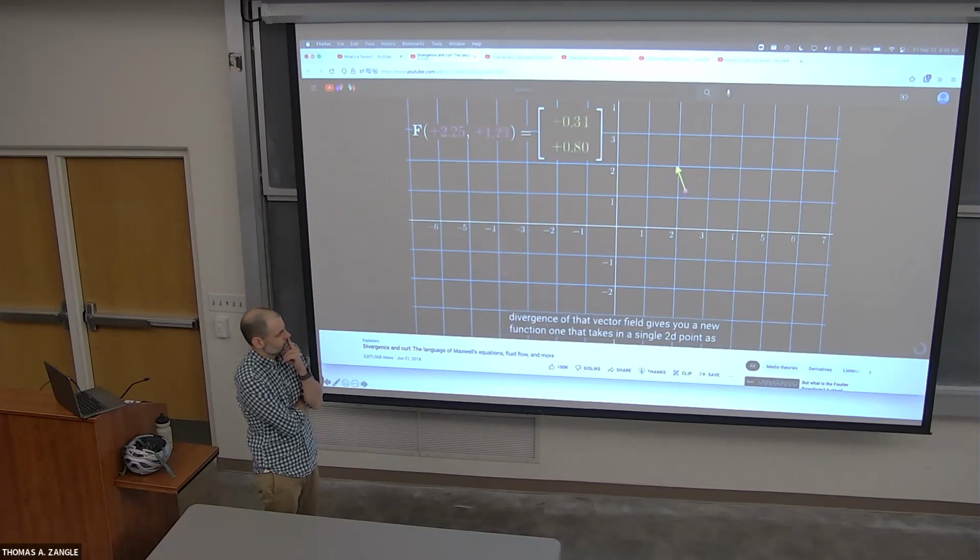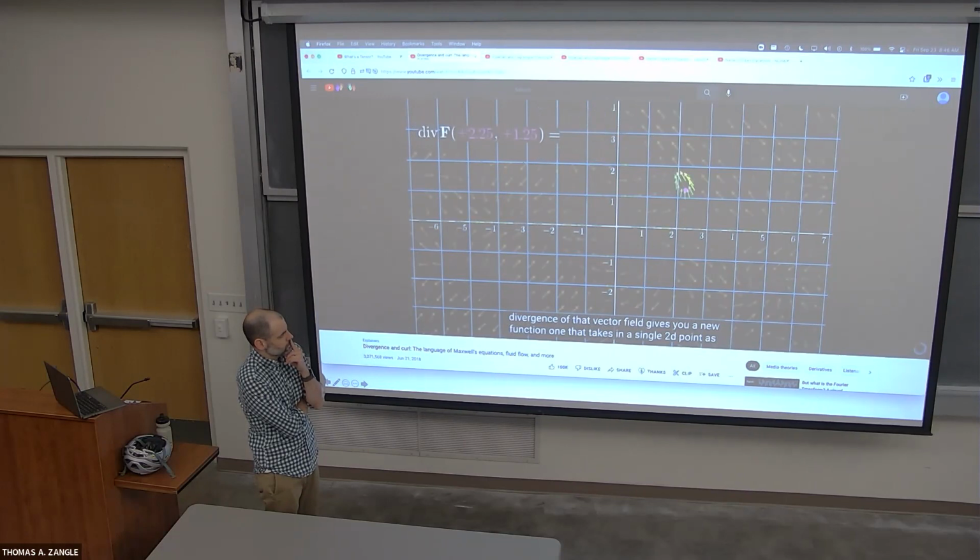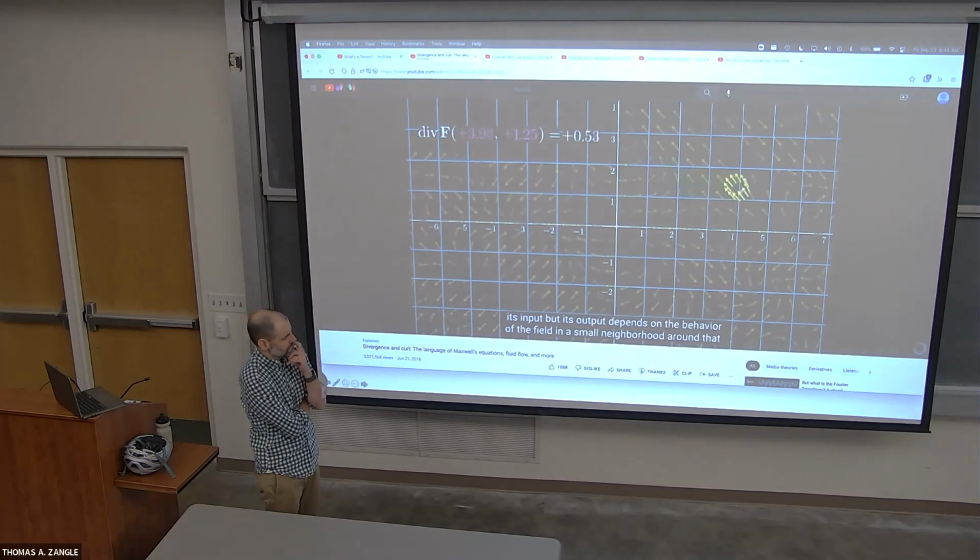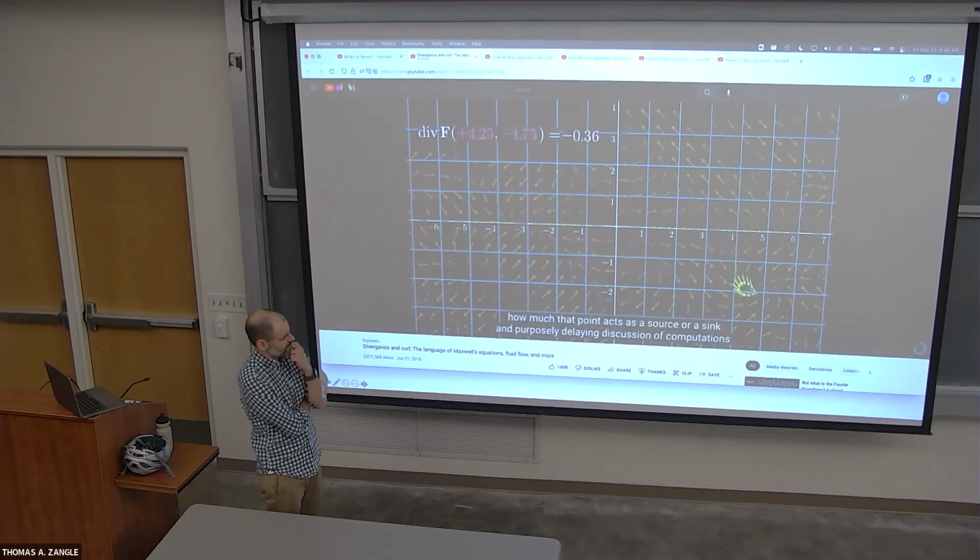The divergence of that vector field is a new function, one that takes in a single 2D point as its input, but its output depends on the behavior of the field in a small neighborhood around that point. In this way, it's analogous to a derivative, and that output is just a single number, measuring how much that point acts as a source or a sink.